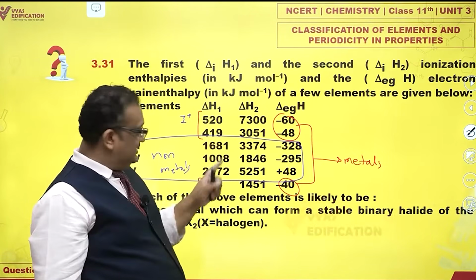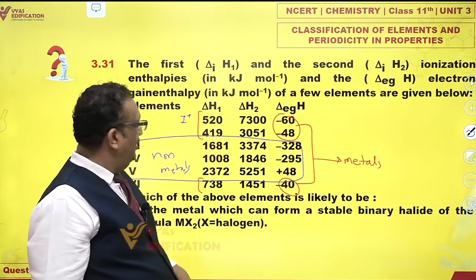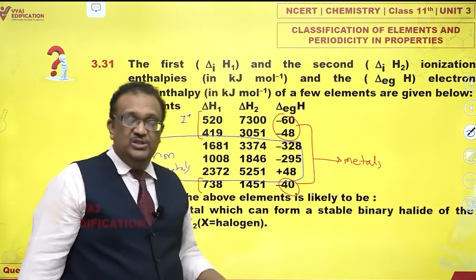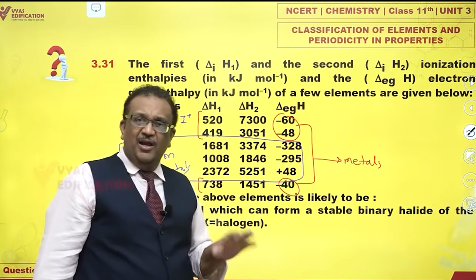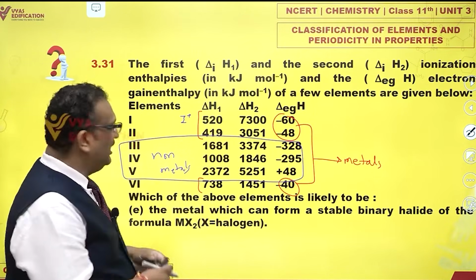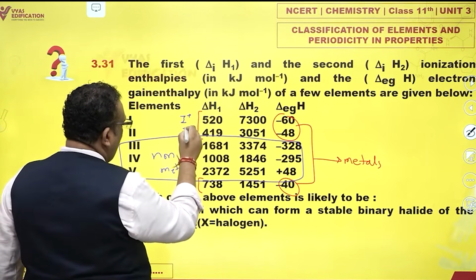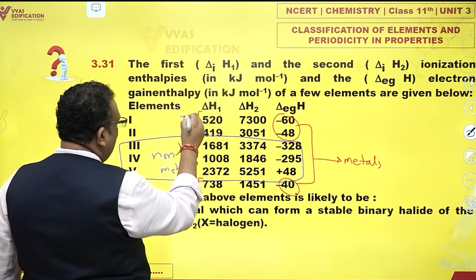In the second case, please note 419 and 3051. This is roughly 7.5 times more, 700% more, which is very high. So this most probably also forms +1 cations only.